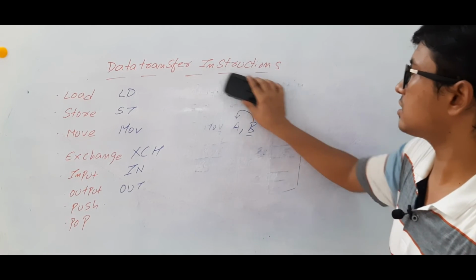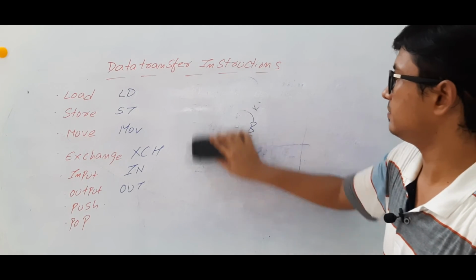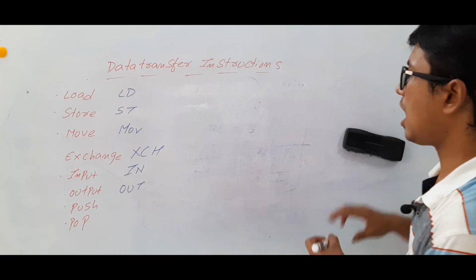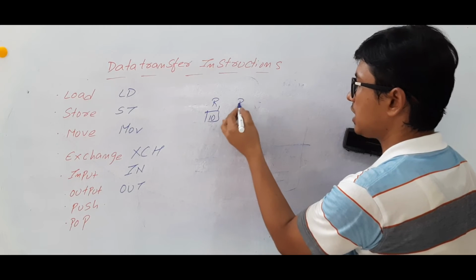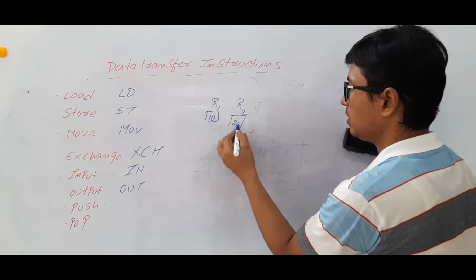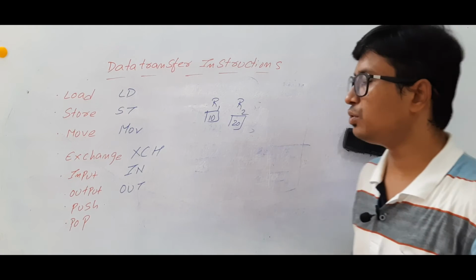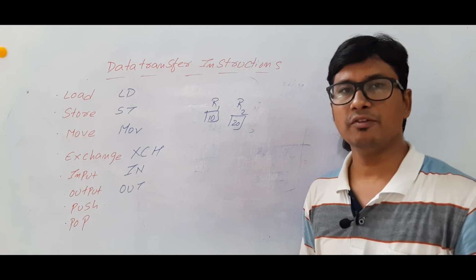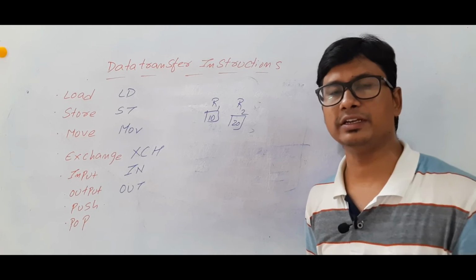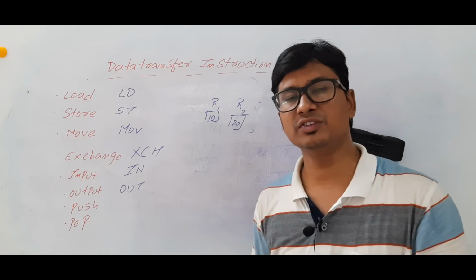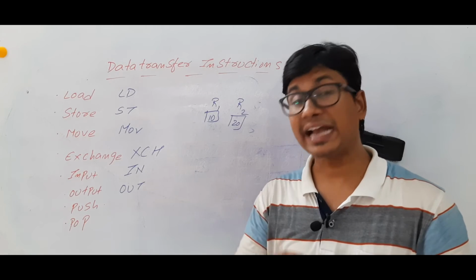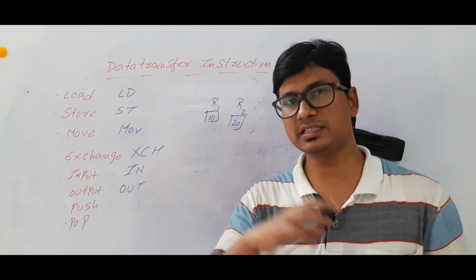Now we will discuss about the exchange instruction. Now let's take that R1 register is having the value 10, R2 is having the value 20. Okay. Now those who know the C programming language, when you are beginners, they will ask you to exchange the values.